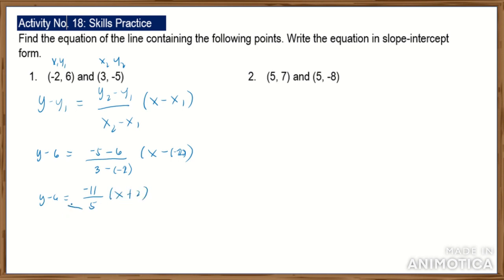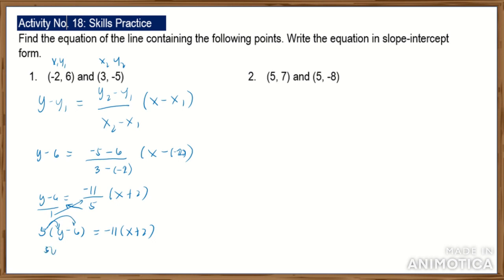Then we get the cross products now. So you have 5 times y minus 6 is equal to negative 11 times x plus 2. Then we are going to distribute.